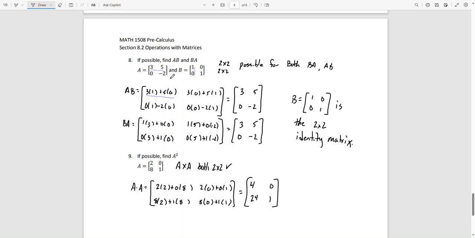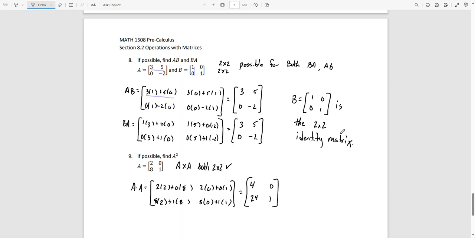Now notice, here's an example. First of all, this is an identity matrix, right? It's square. It has 1s on the diagonal and 0s everywhere else. So when I multiply A times the identity, I just get the matrix A back. If I multiply the identity times A on either side, I get the matrix A back. And that's why we call it the identity.